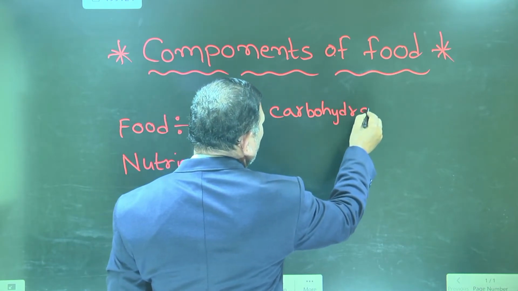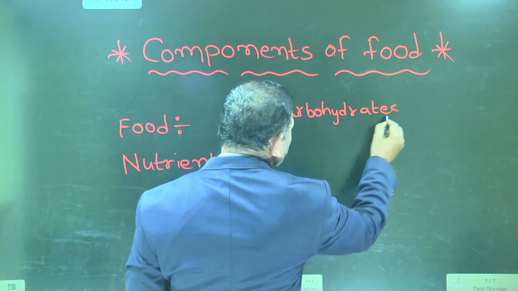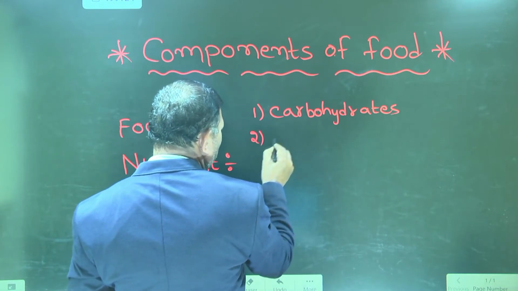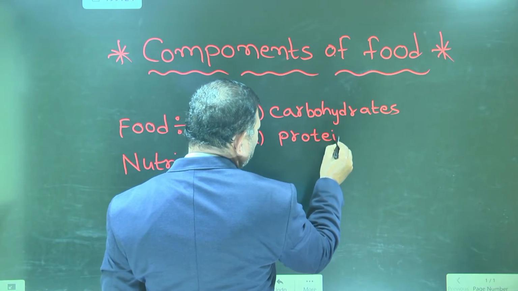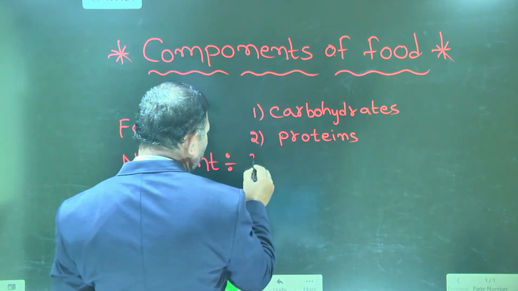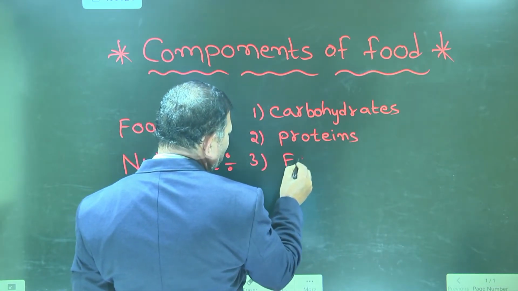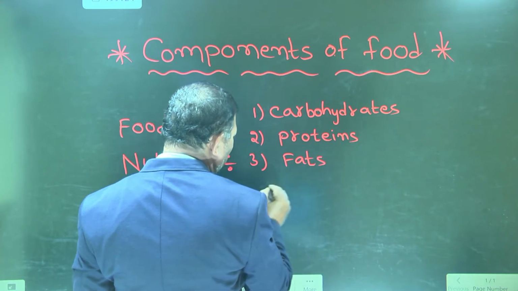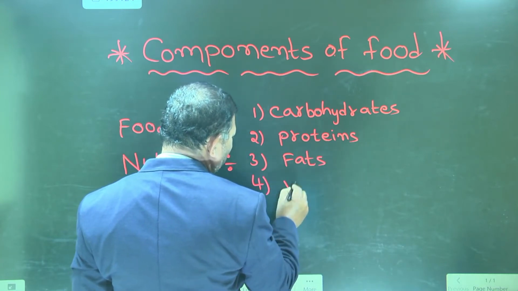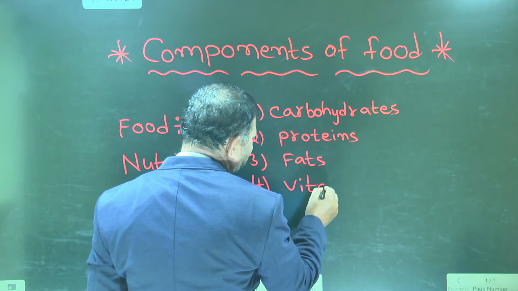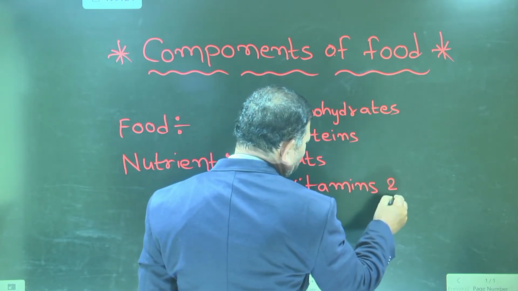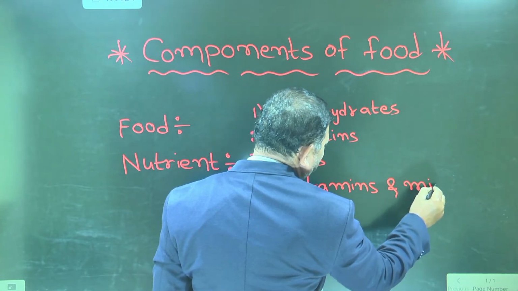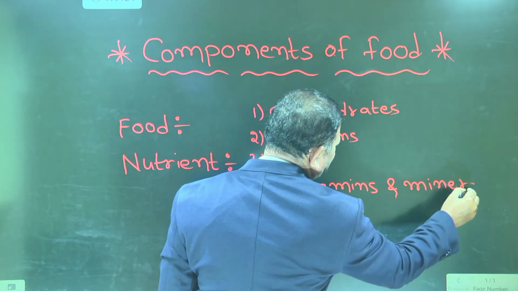carbohydrates. Second one, proteins. Third one, fats. Fourth one, vitamins and minerals.